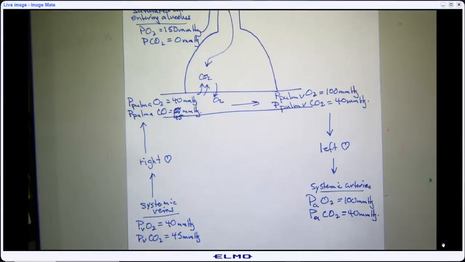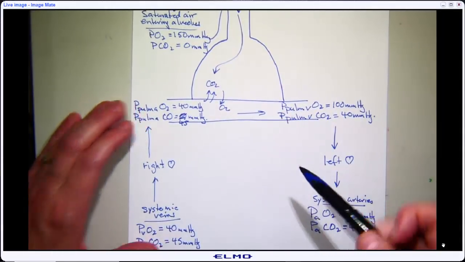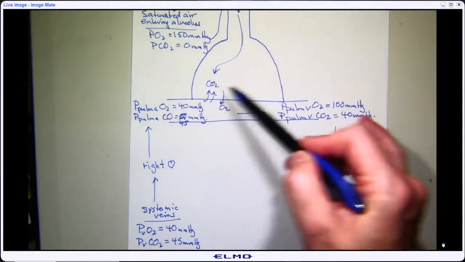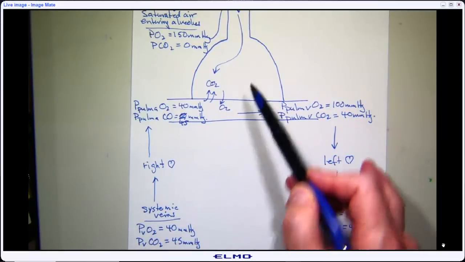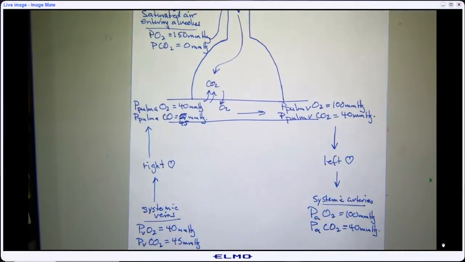Make sense? So we can't entirely predict what is going to be in here because we are constantly exchanging. Right? So if we are to take a snapshot of what is going on in the alveolus in terms of what oxygen and CO2 are there, it's difficult to predict.